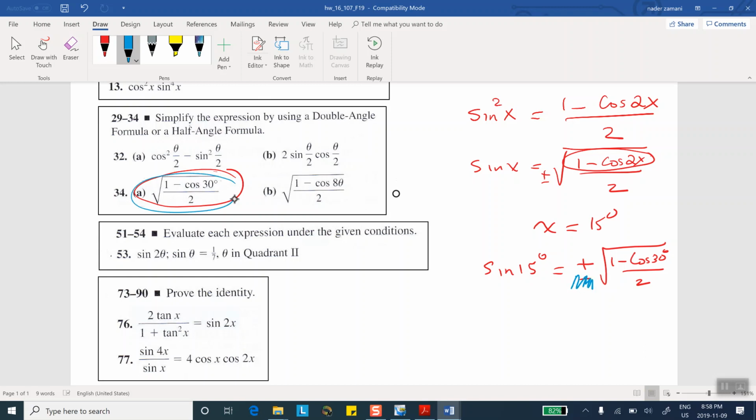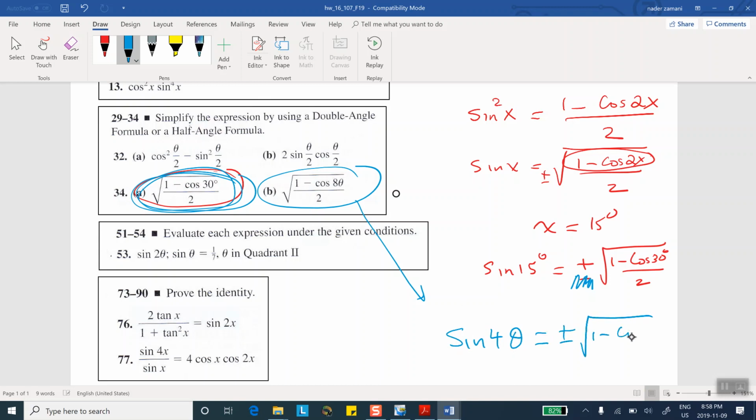So the answer to that piece is sine of 15. But because you really don't know what the angle theta is, if you use the same argument, you're going to have sine of 4 theta equal to plus or minus square root of 1 minus cos 8 theta over 2.